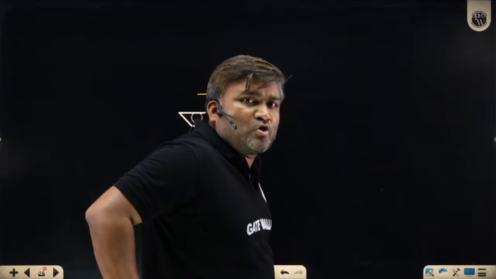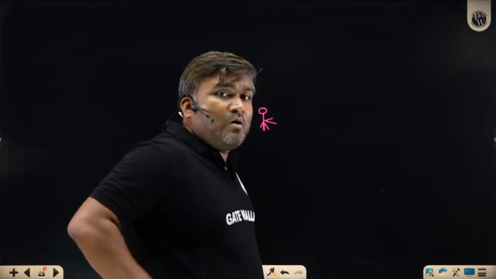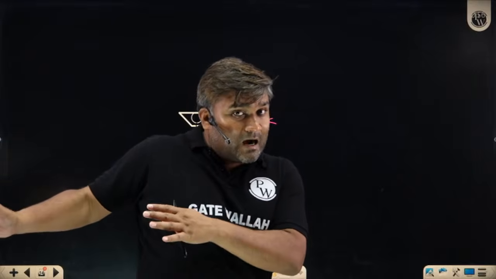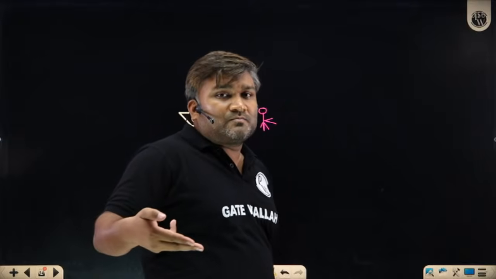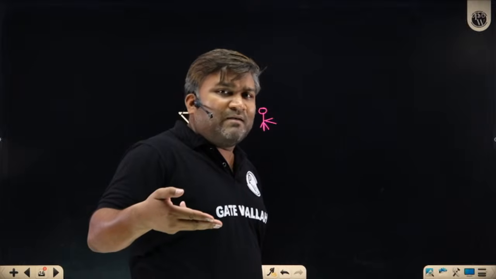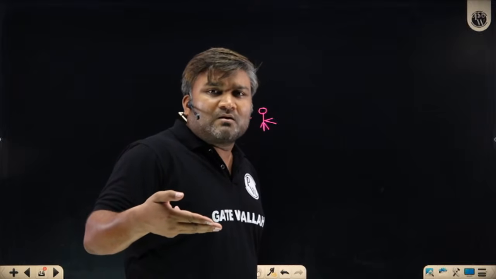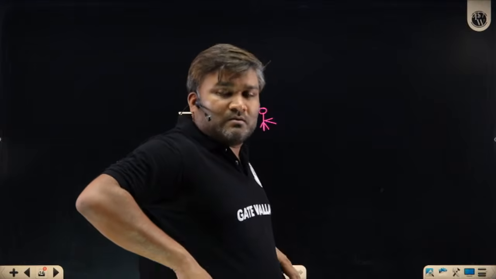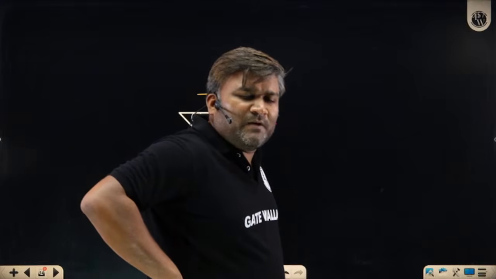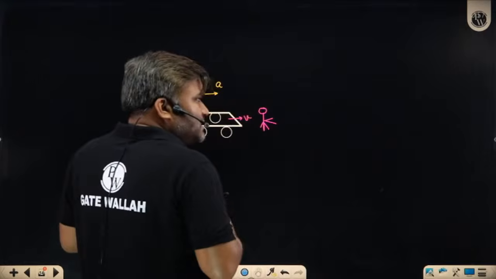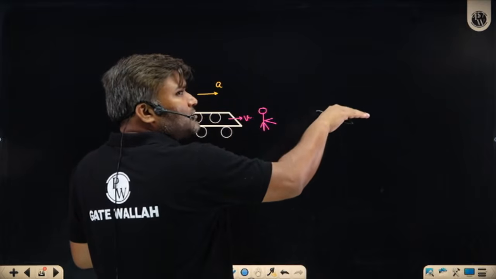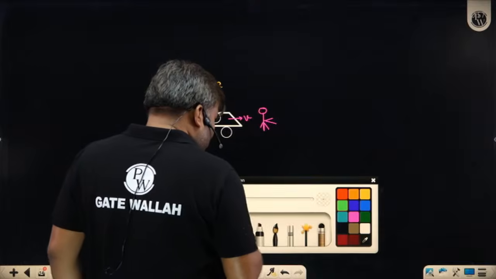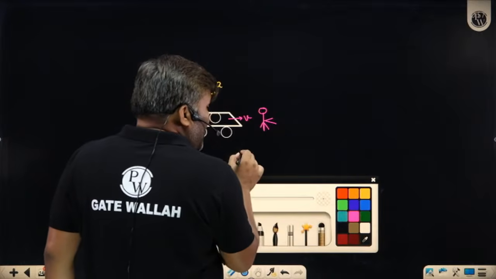Now this very heavy cart of hundreds of kg of vegetables is moving with a high constant velocity, say 50 km per hour, and once you try to stop this, where is the acceleration? Sir, velocity is in this direction, you are trying to reduce the velocity, which means the acceleration is now in the opposite direction.